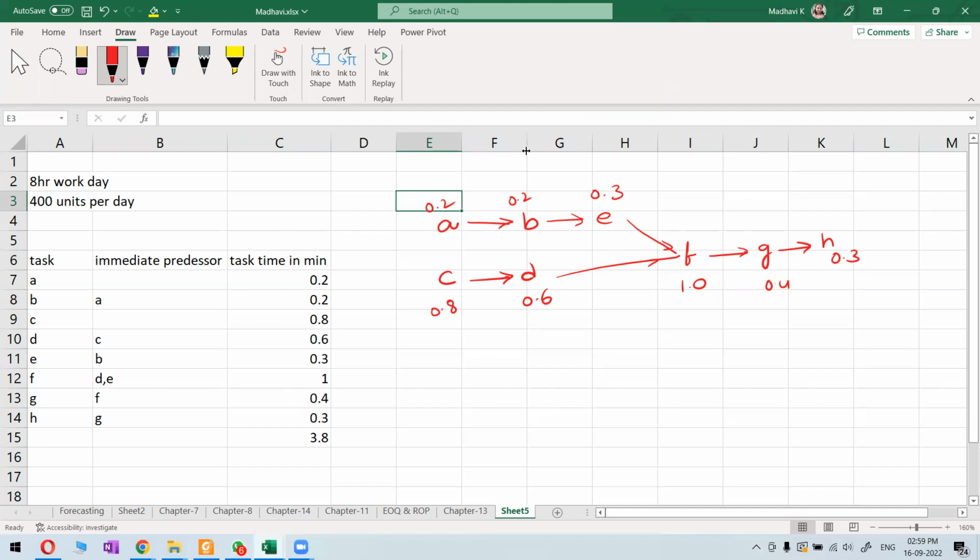This is example 2 on page number 275, this question for your reference. So when it comes to the total time, this is 3.8 minutes.